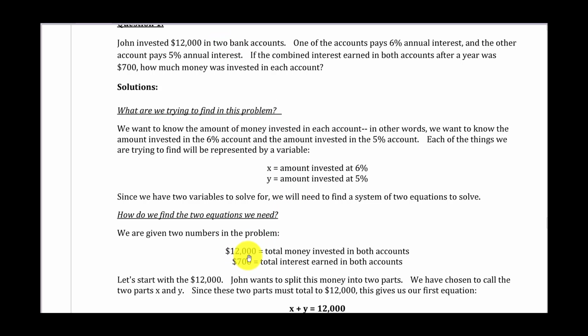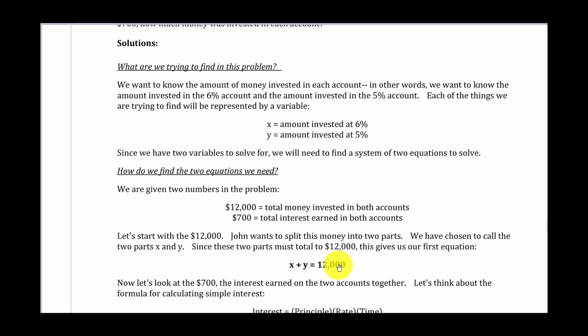That means $12,000 is the total money invested in the two accounts. That tells you that when you add x and y together, they must equal 12,000. That is the very first equation from the system that you have in order to solve for x and y.